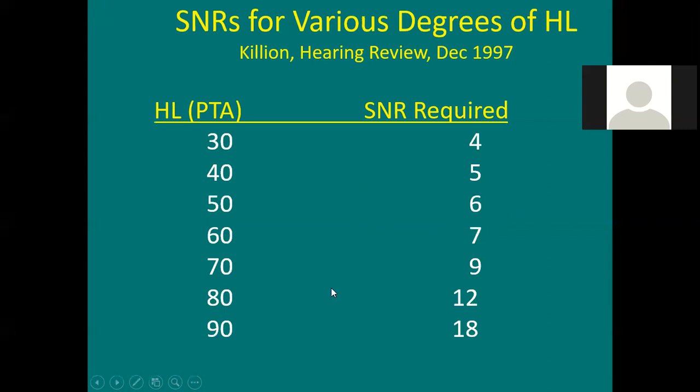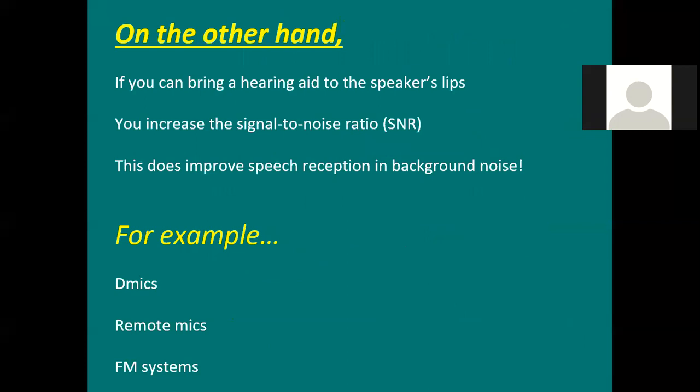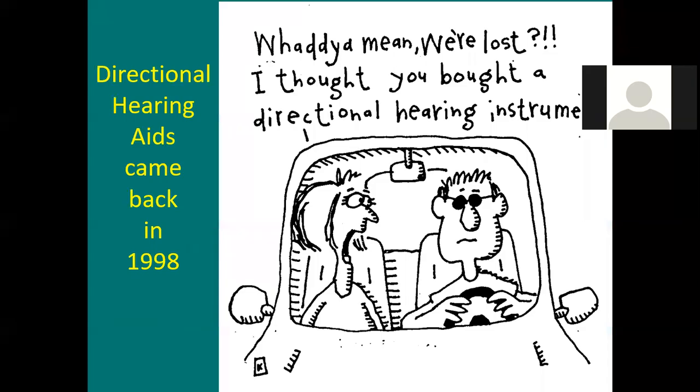When you start getting into severe losses, directional mics don't cut it anymore. You're going to need something better. You're going to need a remote mic that usually is bundled with the hearing aid in question, or an FM system, some other assistive listening device. D mics don't cut it past a mild to moderate loss.